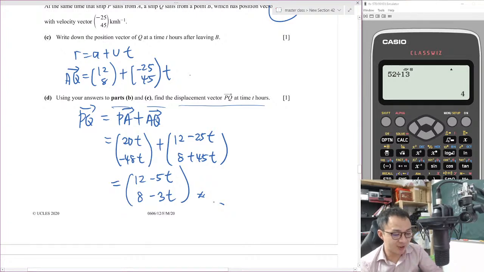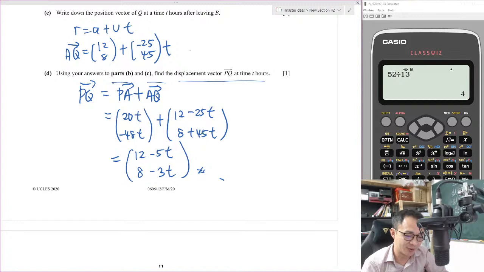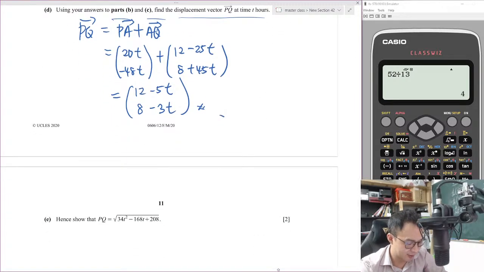But what does the question ask about? The question actually asks about displacement, so basically they want to know the distance of PQ, isn't it? Displacement is just this one, because the distance is the next one.